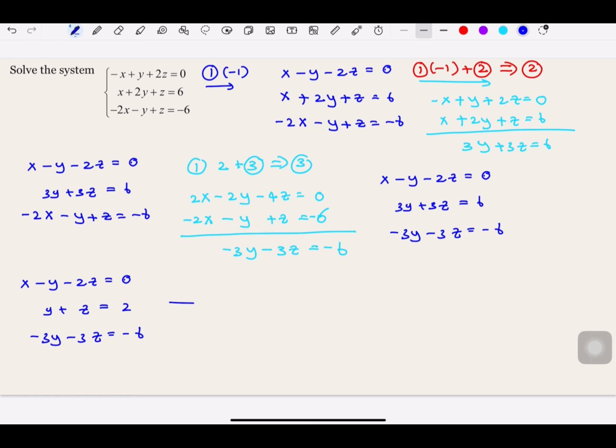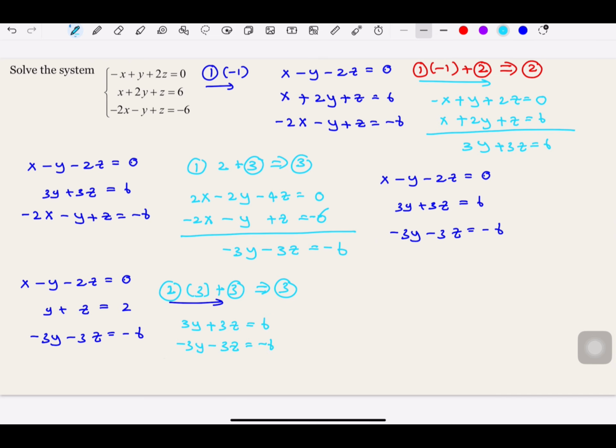Okay, so now moving forward, we need to remove y in the third equation. To do that, you take your second equation, multiply it by 3, add it into the third equation, and replace the third equation. So if you do that, the second equation times 3 gives you 3y + 3z = 6, and the third equation is -3y - 3z = -6.